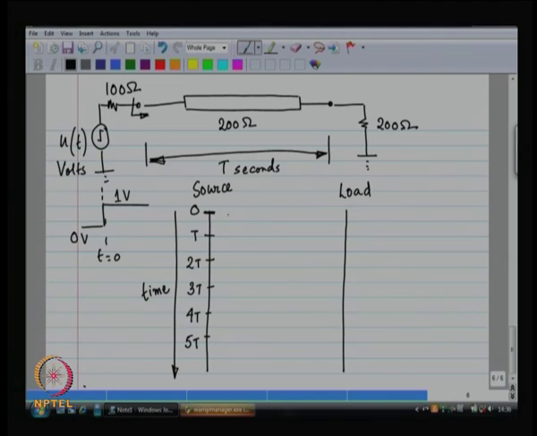The source resistance is 100 ohms. The medium looks like a resistor of 200 ohms. So, there is going to be voltage division, and the effective wave that is going to be launched has a value of 2 by 3 volts.